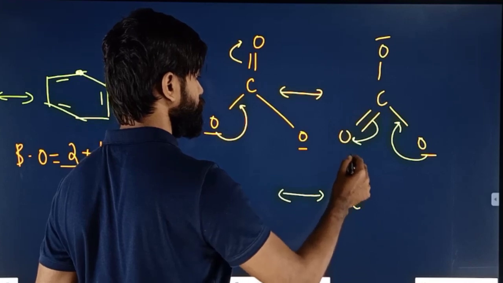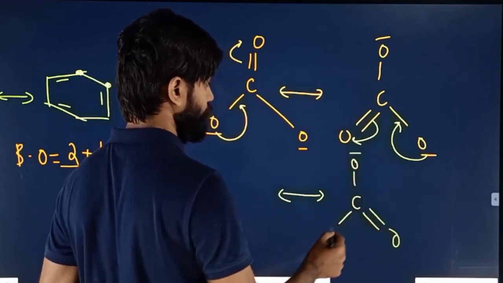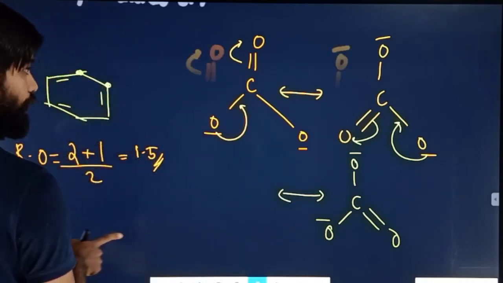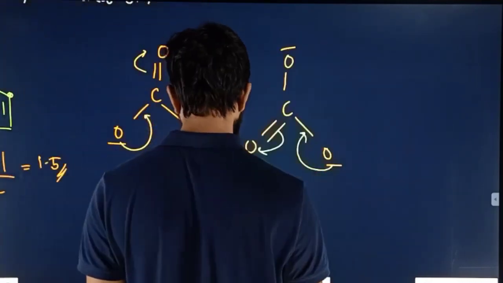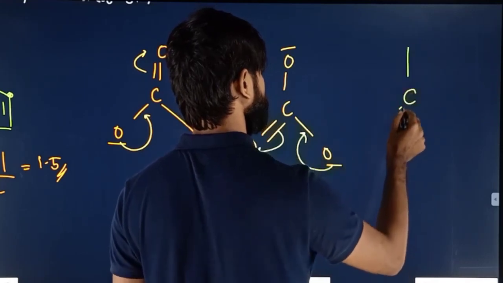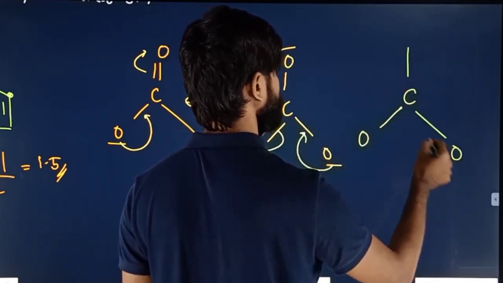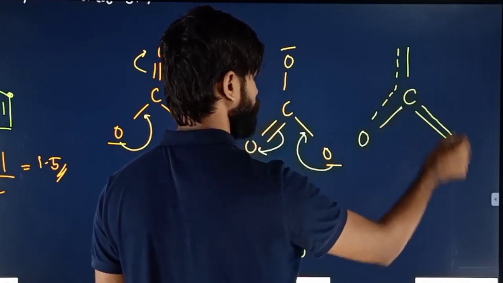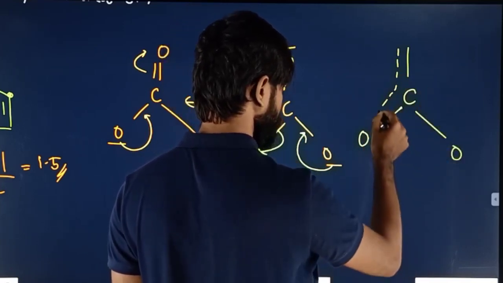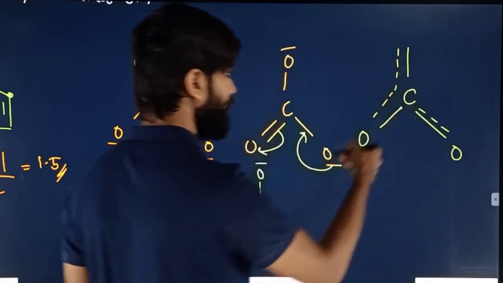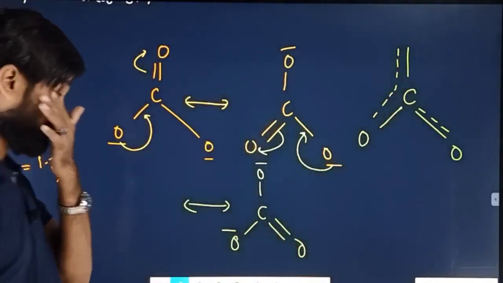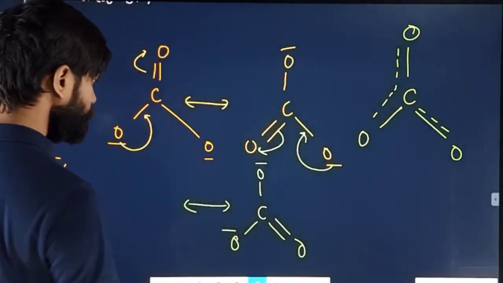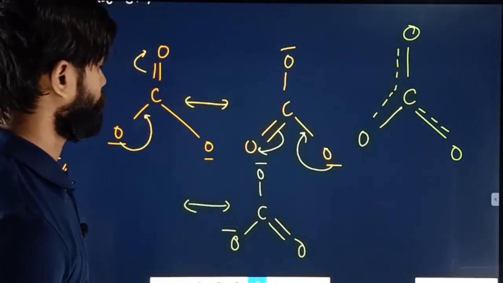So the third canonical structure will be like this. Okay, and you know the equivalent hybrid structure of this one. The electron density is moving like this. Here is an O.